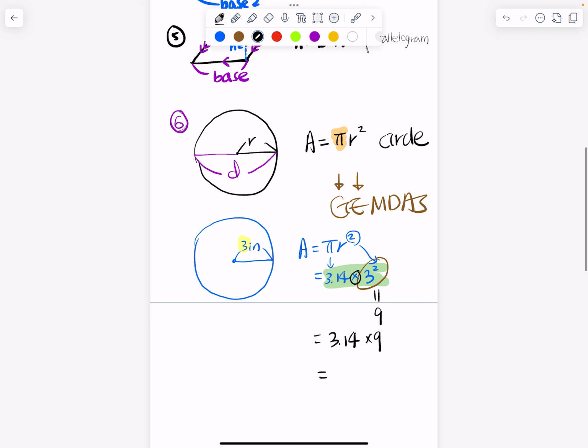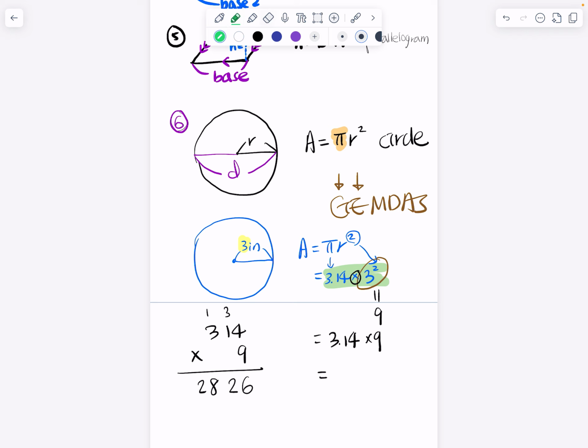Let's do vertical multiplication. 3.14 multiplied by 9. We are not lining up the decimal point. It's as if you multiply 314 by 9. We talked about this over and over again. 4 times 9 is 36, carry 3, and then 12, and that is 28, I believe.